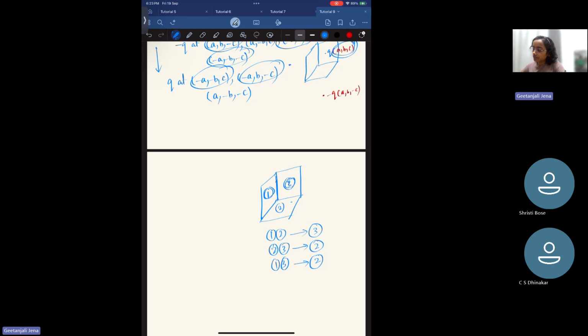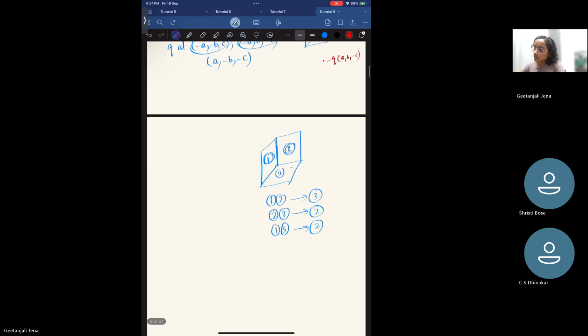So there is one image charge here for 1, 2, one here, and one at a point which will be shared by 1, 3.